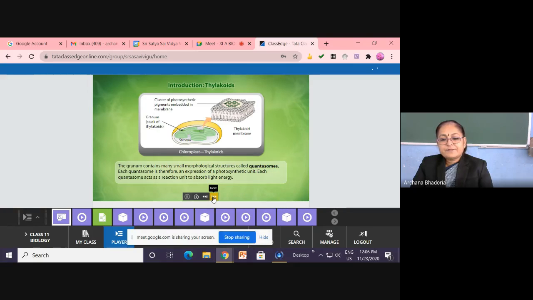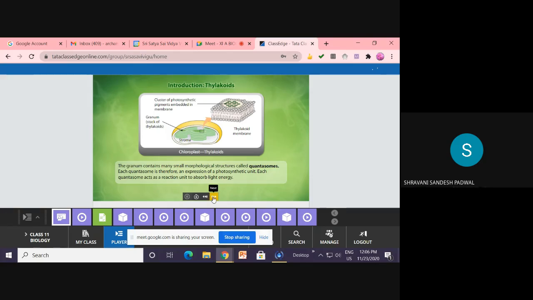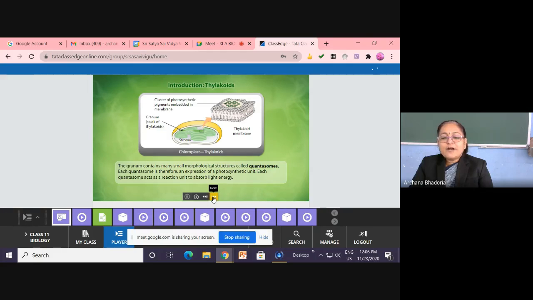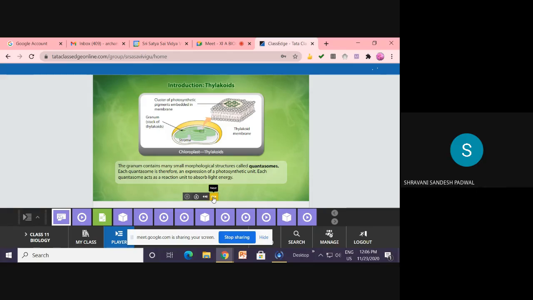Why does it act as a reaction unit? Because quantasome is an expression of the photosynthetic unit.